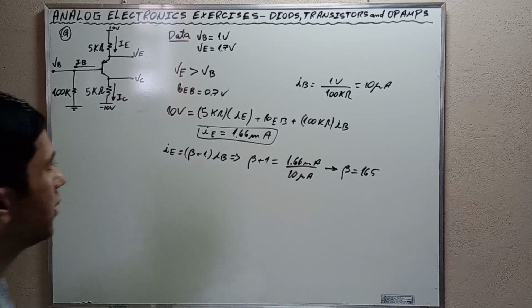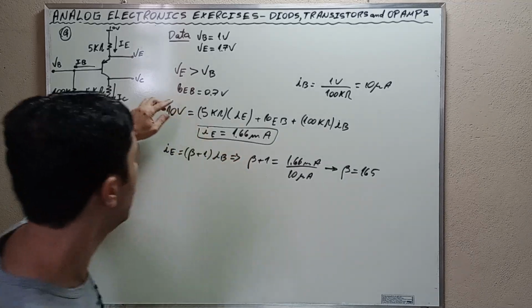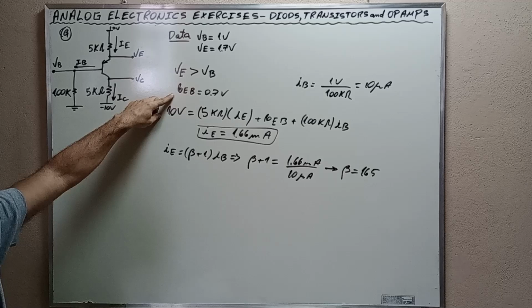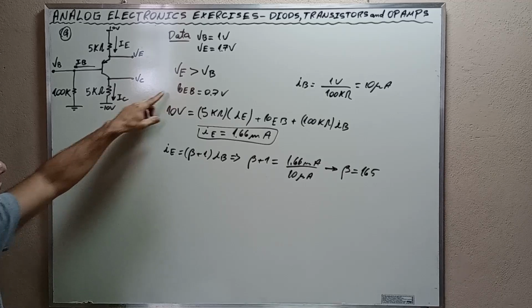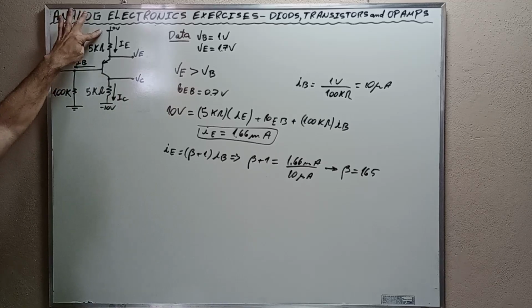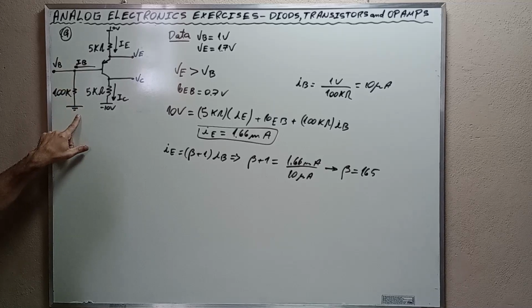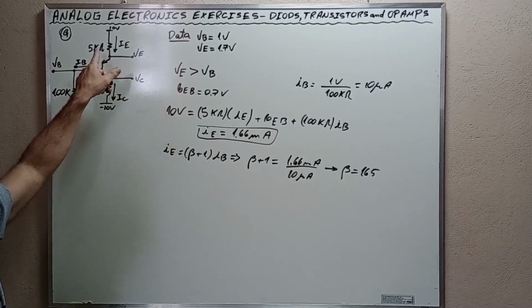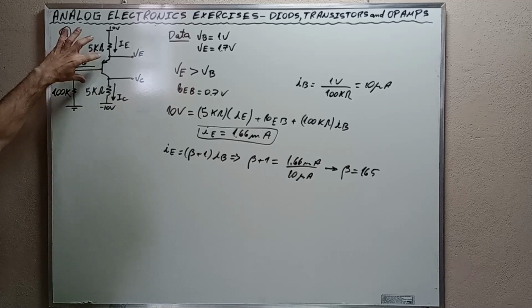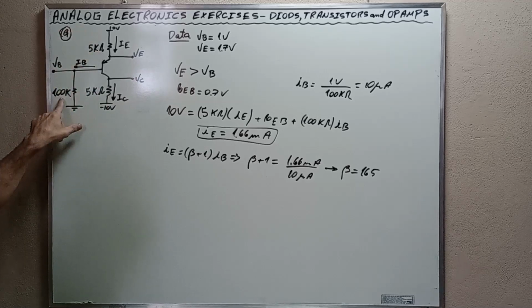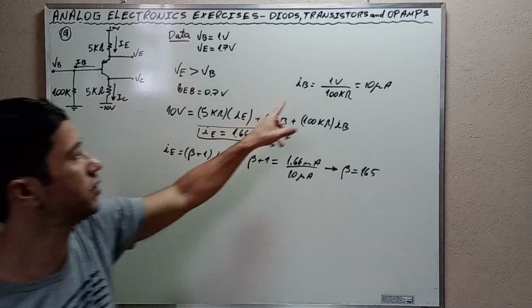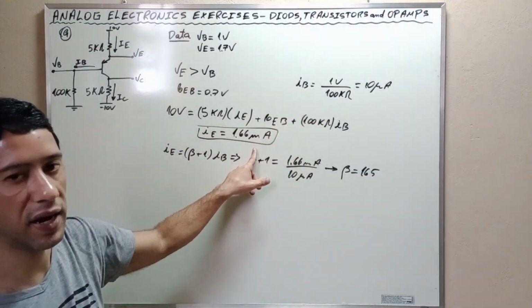Okay? Firstly, we noticed that VEB is equal to 0.7, and we paid attention to the voltage drops from 10 to 0. 10 is equal to the voltage drop here, plus the voltage drop here, plus the voltage drop here, and using the value of IB, we found IE.